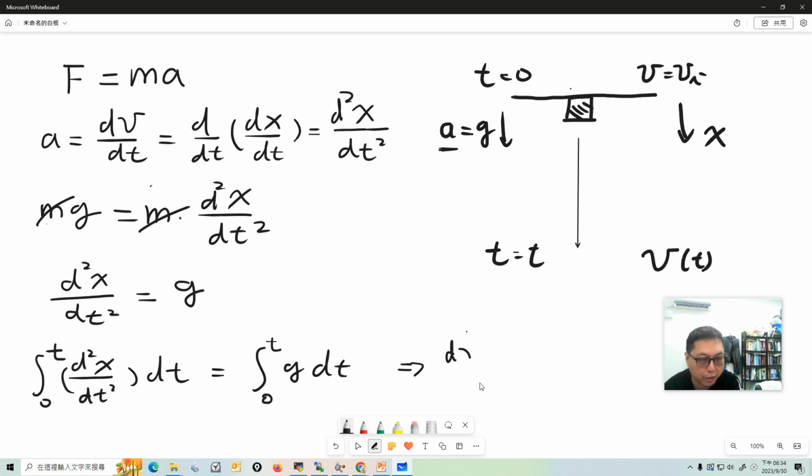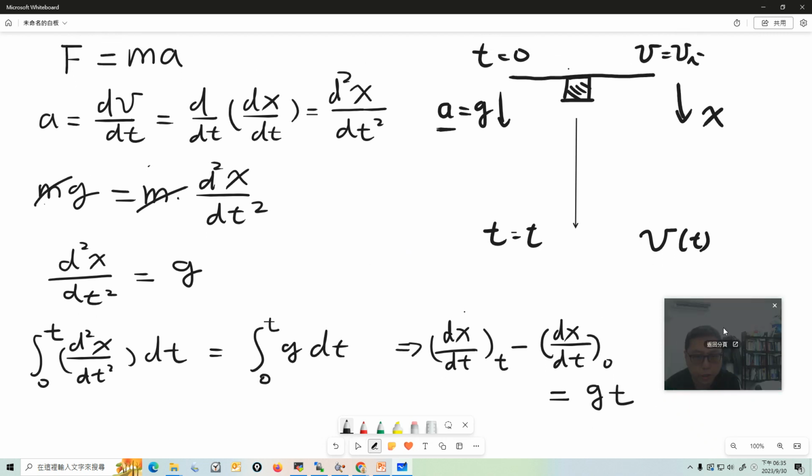I know right now you cannot understand this. This is equal to dx/dt at time t minus dx/dt at time 0, and the right hand side is gt.